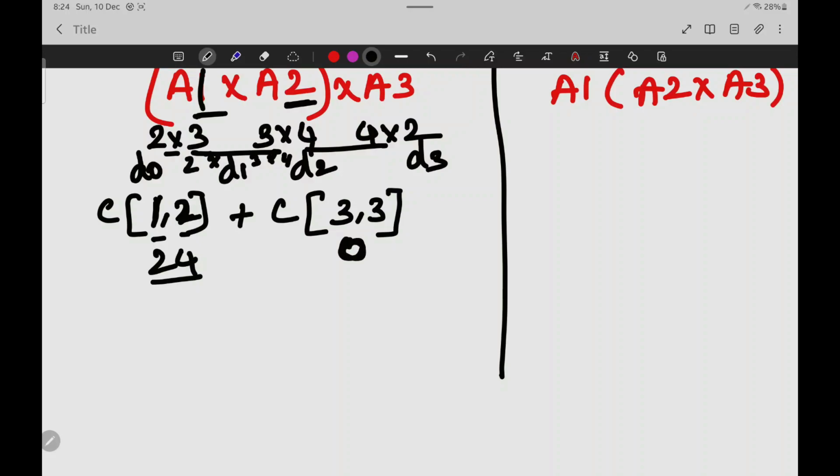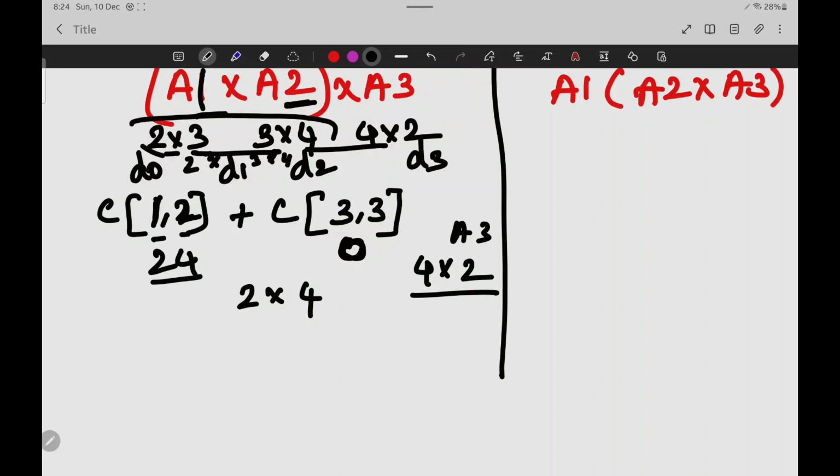Here we do not do any multiplication, so we get 0. Similarly, at last we have 4 cross 2, this is A3, and after multiplying the first two we get a 2 cross 4 matrix. Next we multiply this 2 cross 4 with 4 cross 2, and at last we get 2 cross 2.